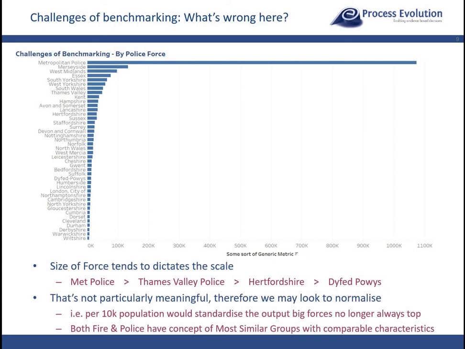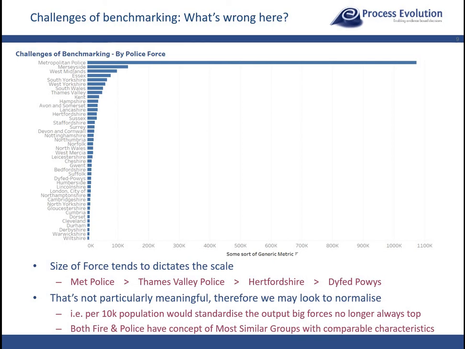With a volume-based metric, size dictates the outcome. The Met will almost always be bigger than TVP, always bigger than Herts, which will always be bigger than Dyfed-Powys. Now, one option would be just to exclude these outliers, saying goodbye to the Met and City of London. And in some cases this would be appropriate, but we'd still be left with scale imbalances.